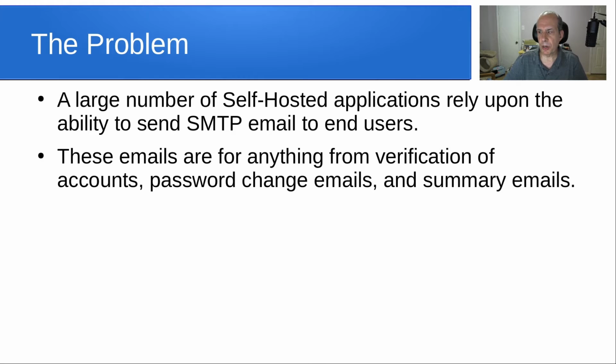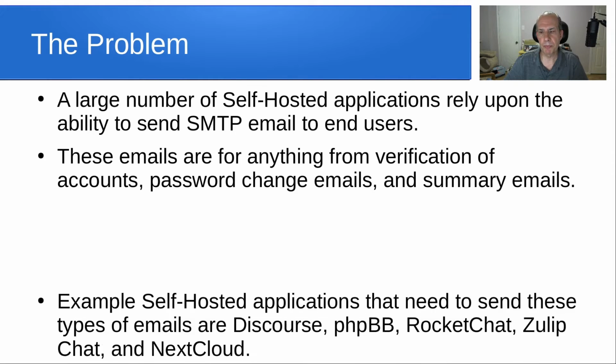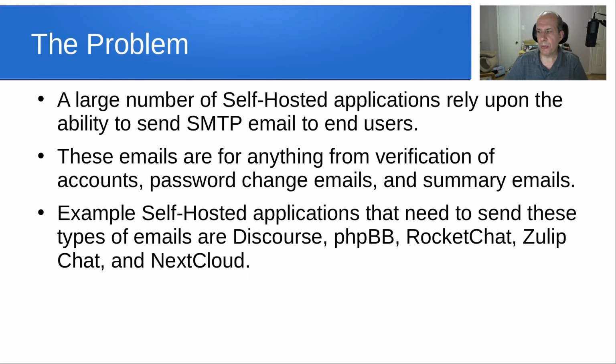These emails are for anything from verification of accounts, password change emails, and even summary emails in the case of things like forums. Example self-hosted applications that need to send these types of emails would be things like Discourse, PHP Bulletin Board, Rocket Chat, Zulip Chat, and Nextcloud.